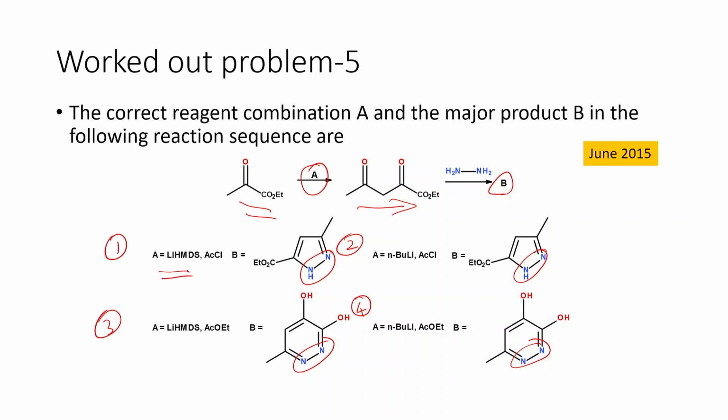As reagent, LiHMDS is there, which is a strong base, and in the second option we are given n-butyl lithium, and in the third one we are given lithium hexamethyldisilazide as the base, and the second reacting substrate given is ethyl acetate, and in the fourth option it is butyl lithium and ethyl acetate. So we have 2 different base combinations given along with either an acid chloride or an ester.